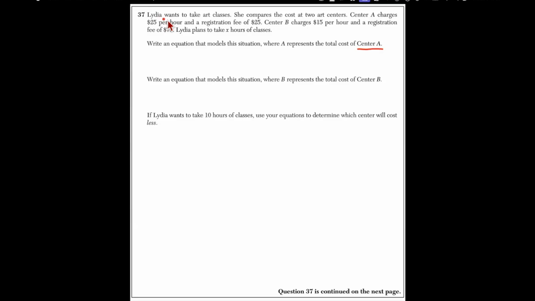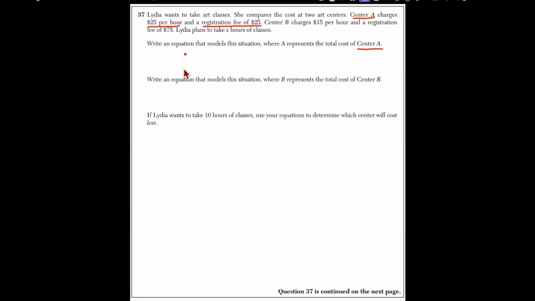So let's go back to the text. Now I can see here, center A, they charge $25 per hour and they have a registration fee of $25. So this here is like a classic slope intercept form. This $25 per hour is my slope. This registration fee is my y-intercept.